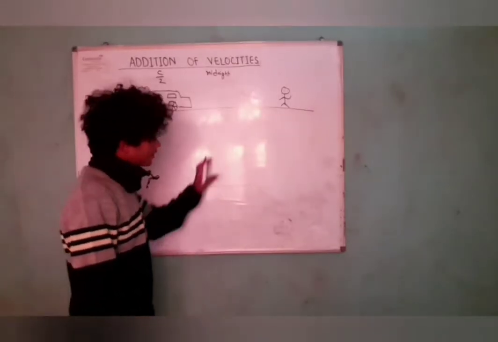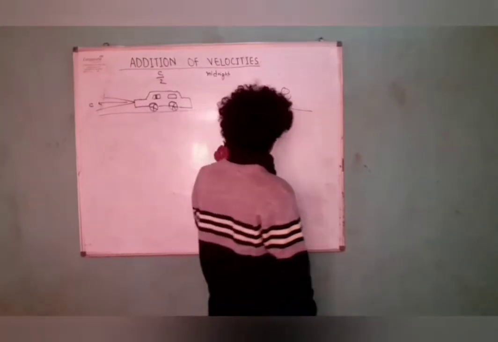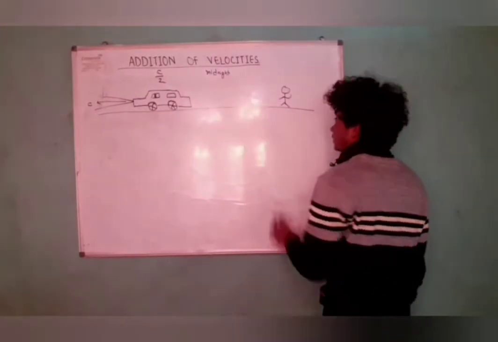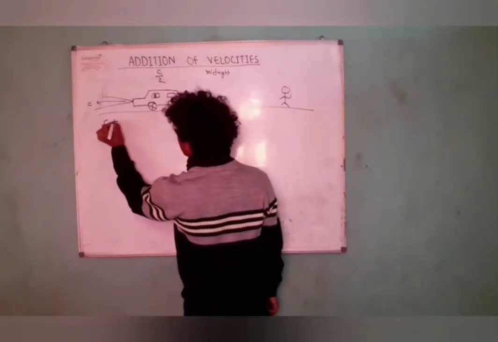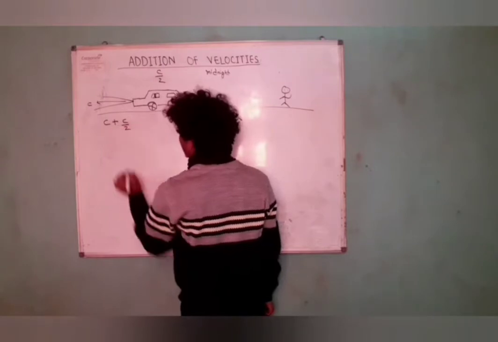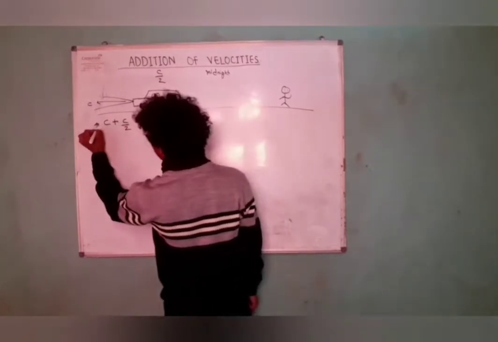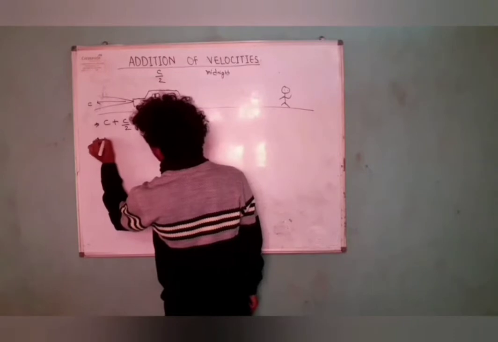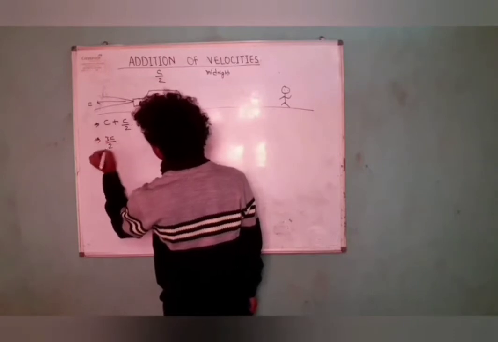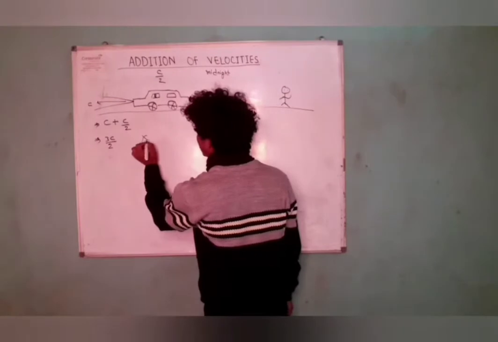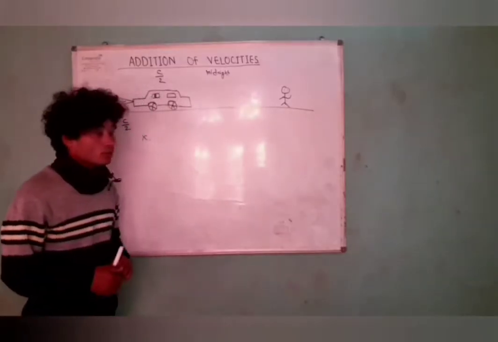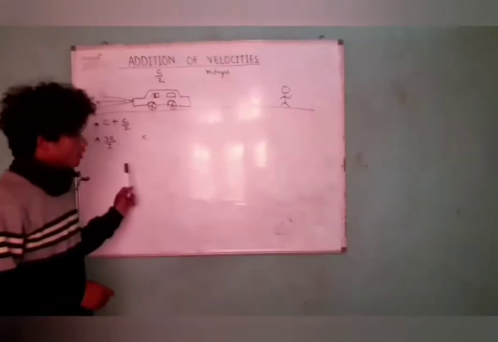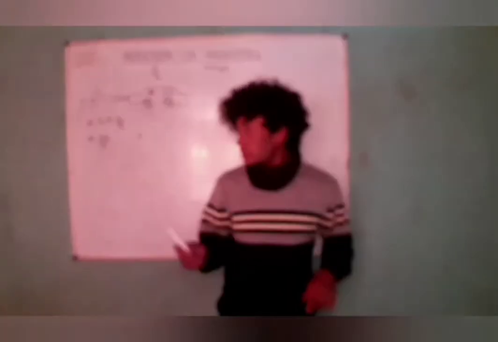So, according to his frame of reference, the speed of light must be c plus c by 2. So, by solving it, we will get 3c by 2, which is not true, because we know that speed of light cannot proceed with speed greater than c. So, again here our common sense notion has failed.